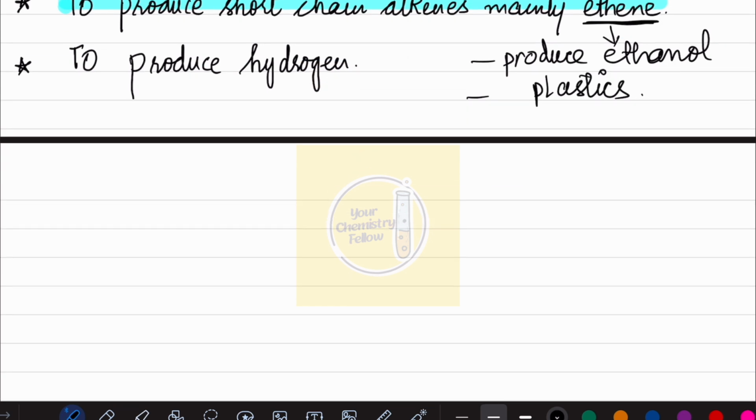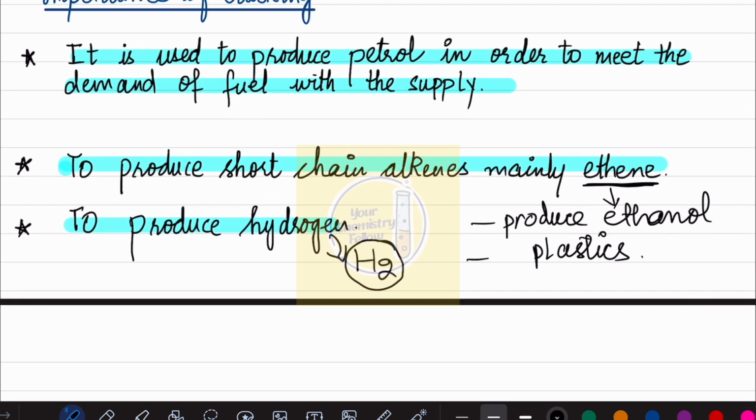The last is that cracking is used to produce hydrogen gas. Hydrogen gas is used as a raw material in the Haber process for the industrial scale manufacturing of ammonia gas. So these are the importance of cracking, why it is done largely on an industrial scale.